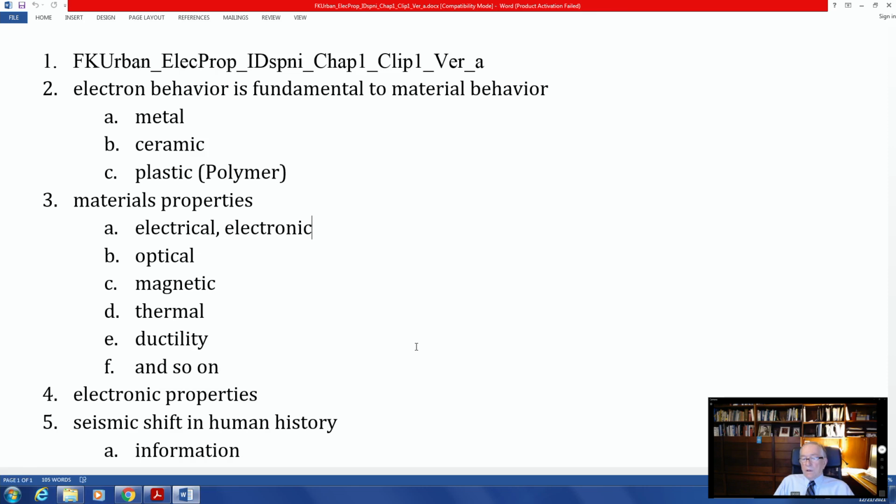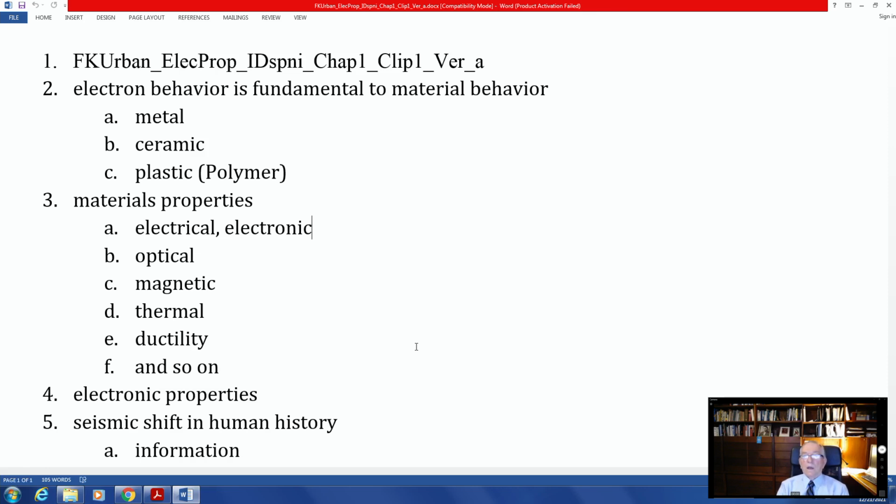Well, in one way we have the material property itself, and those can be classified in various ways as electrical and electronic. Do they conduct? Do they insulate? Optical, are they transparent? Are they opaque? Magnetic, are they ferromagnetic and you can magnetize them or not?